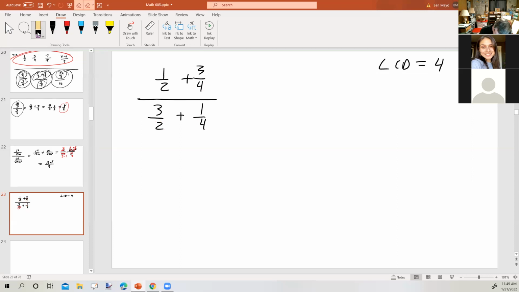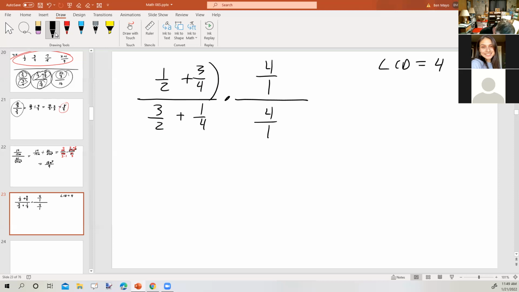Okay, so now we're going to multiply this fraction by the least common denominator over the least common denominator. I'm going to write it like this and put those little ones in there to remind us that this 4 in the numerator is in the top of the numerator, and the 4 in the bottom is in the top of the denominator, so to speak.